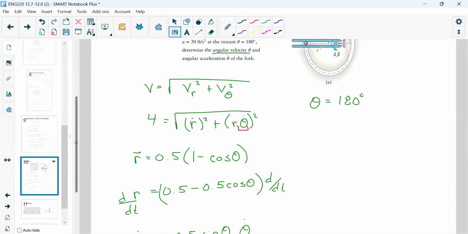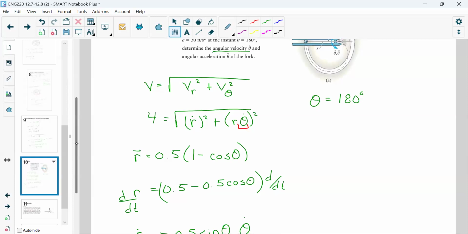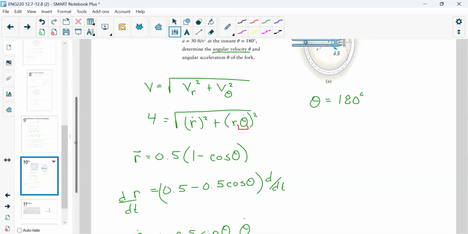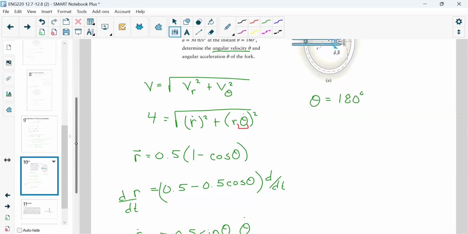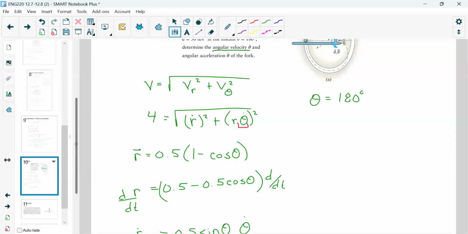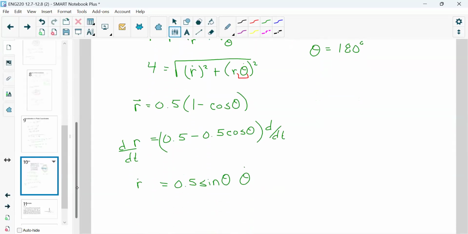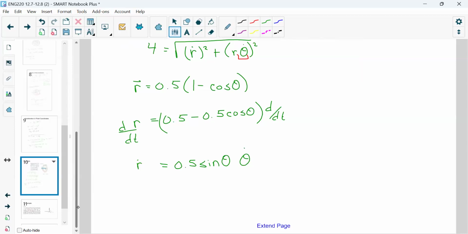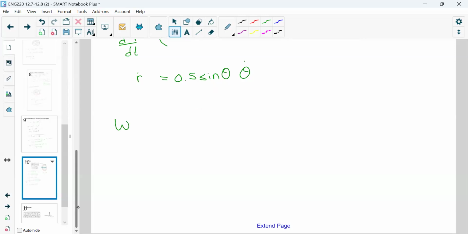So let's go ahead and plug in, well, okay, hang on, just for a second. We also know theta equals 180 degrees, don't we? That's going to be very helpful because stuff goes away at 180 degrees, doesn't it? All right, so let's go ahead and see what happens at 180.